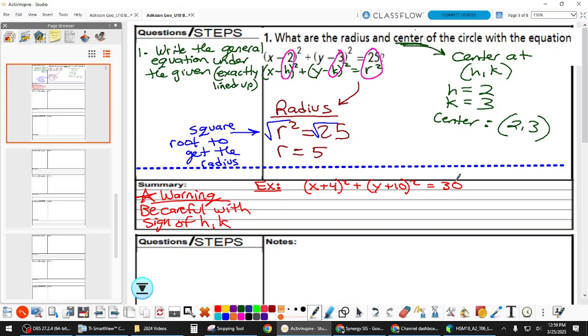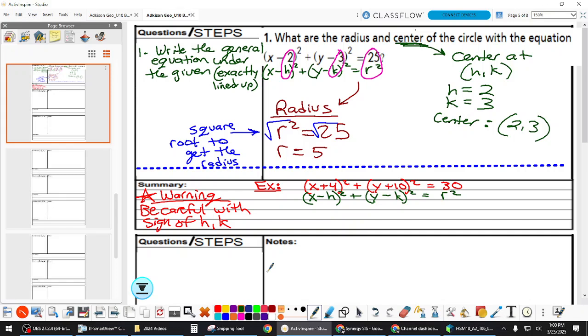Okay, so we wrote up there to write the general thing underneath, so go ahead and do that. So this is supposed to line up with x minus h squared plus y minus k squared equals r squared. But what do you see is different? It says plus, not minus.